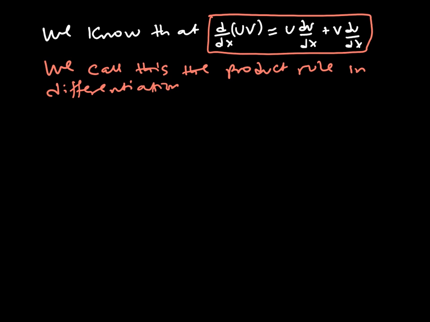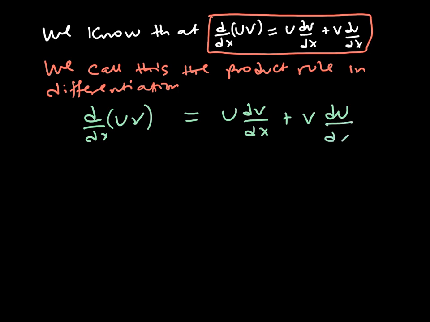So we want to develop the method of integrating a product of two functions from the product rule. d by dx of uv is equal to u dv by dx plus v du by dx. Now we want to integrate everywhere with respect to x. This part has two operations.